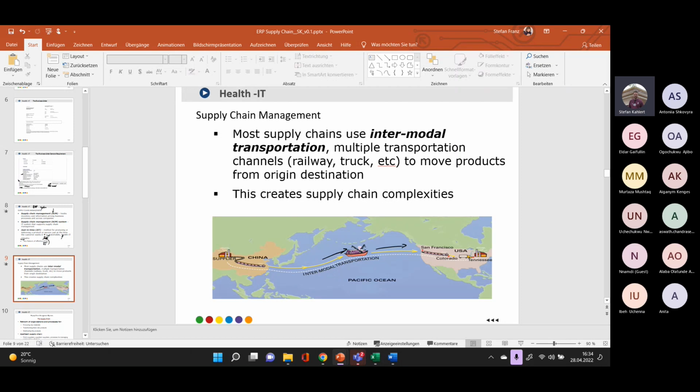It will take some time, and for this you need an intermodal transportation model. Can be with railway, truck, or cars, and by plane. But you need that to move products which you will need.